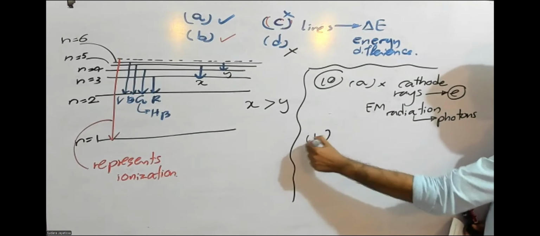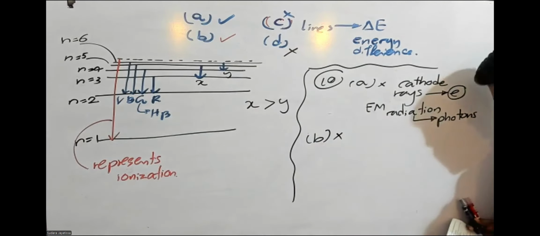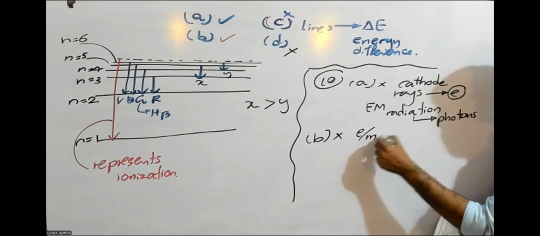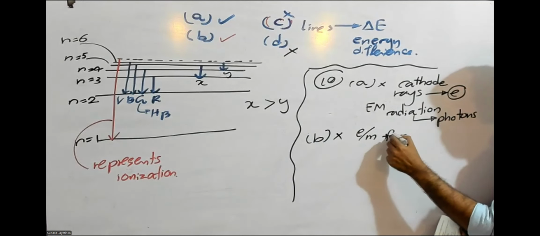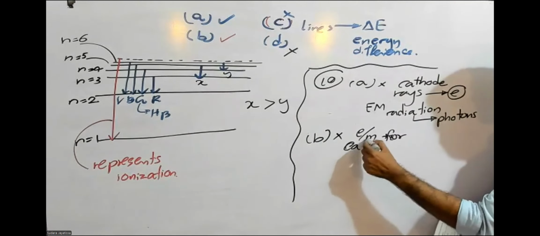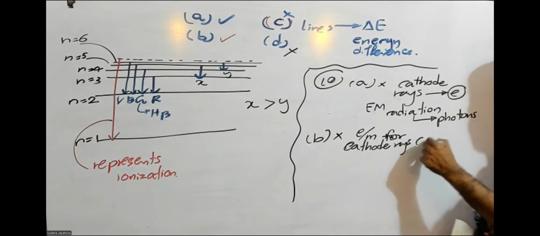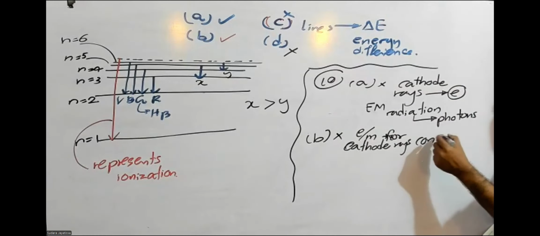And then you can take B. That is also wrong, because the e over m ratio for cathode rays is constant, remember, because it's always electrons. For anode rays, it is going to be different.